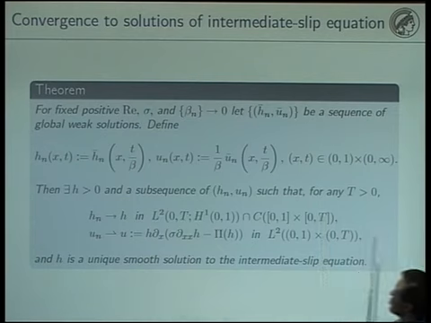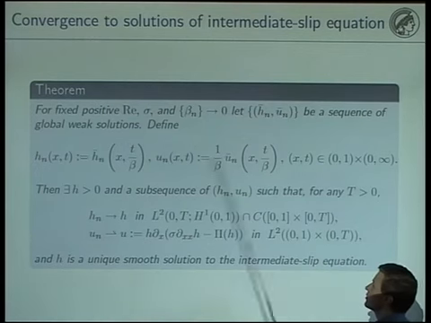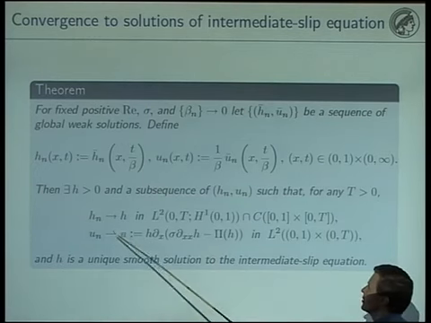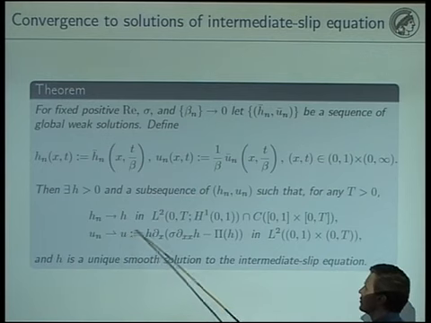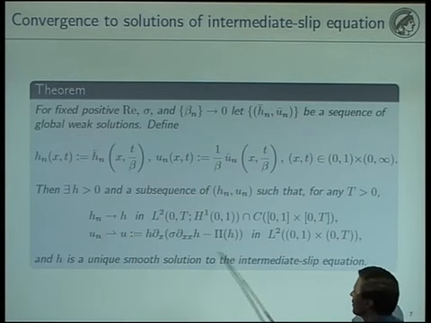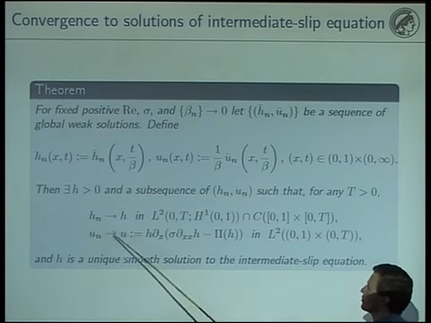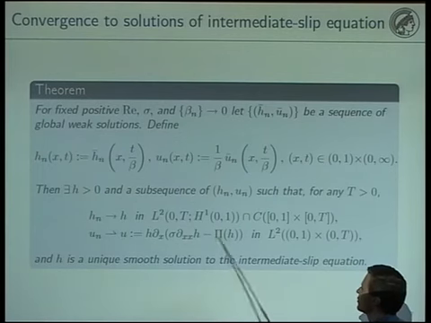And we showed after that rigorously that the weak solution of the strong slip model after this rescaling converges to the smooth solution of the intermediate slip model, and that the velocity weakly converges to this expression, which is exactly the lubrication expression.